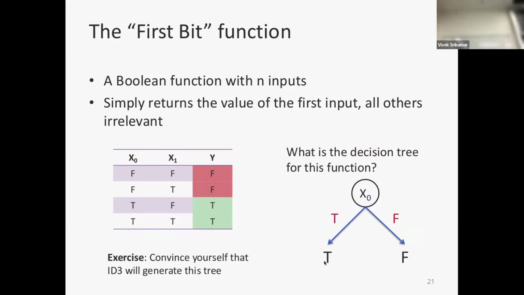No matter how big this table gets, no matter how many features you have, for this particular data set, ID3 will always pick that one feature that's relevant. The reason I'm introducing this is because it turns out this is a very useful debugging tool for your code. The information gain of the relevant feature will be the highest. Okay, I'll stop here. On Tuesday, I'll be using this function to talk about overfitting.